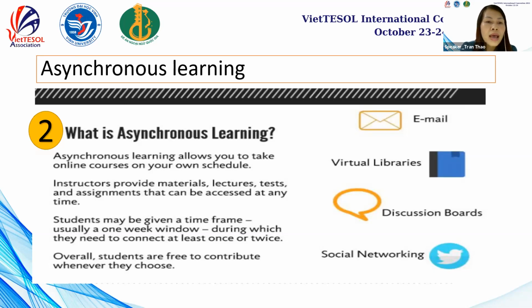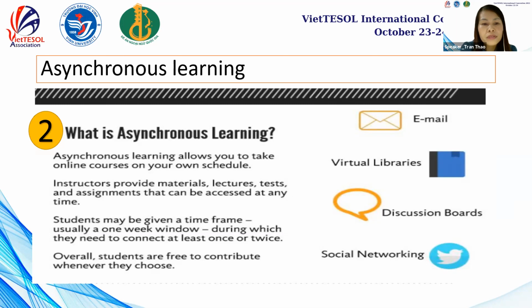First, asynchronous learning allows learners to take online courses on their own schedule. Instructors provide materials, lectures, tests, and assignments that can be accessed at any time. Students may be given a time frame, usually a 1 week window, during which they need to connect at least once or twice.